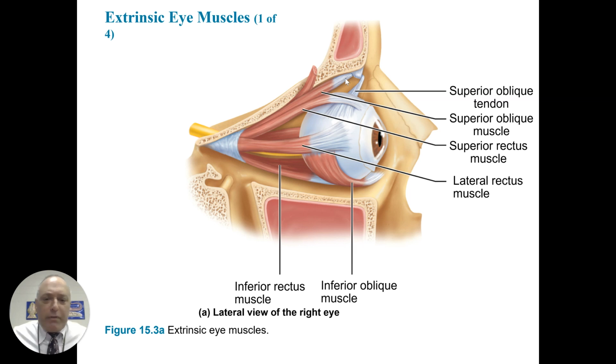It's responsible for turning the eye laterally and upward. And then inferior, there's an inferior oblique, as well as rectus muscles, and these are just very straight muscles. Rectus means straight. So you've got superior rectus, the inferior rectus, the lateral rectus, and the medial rectus, which is not seen in this picture.